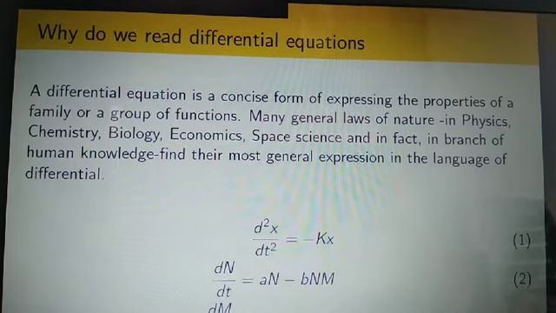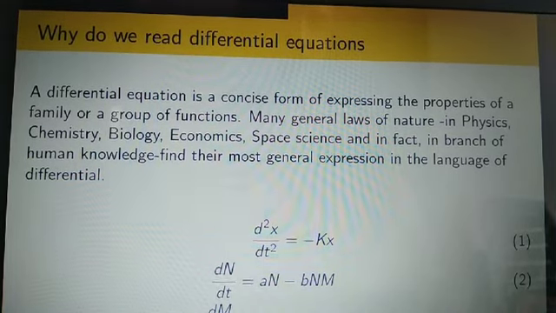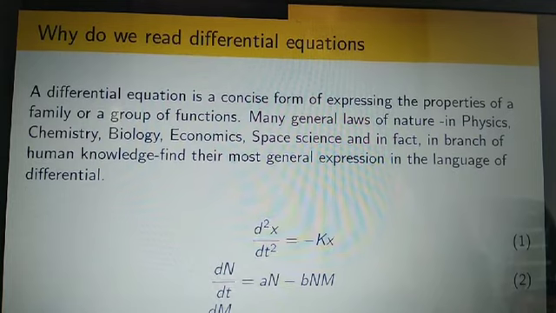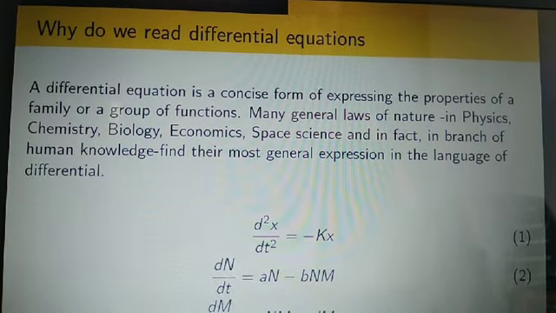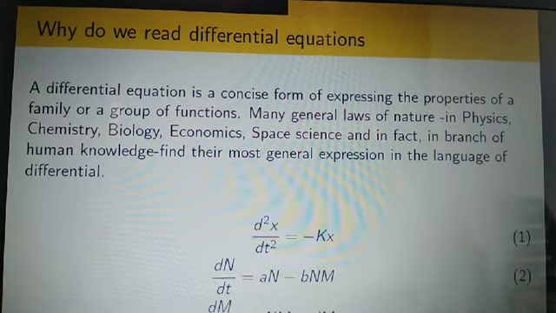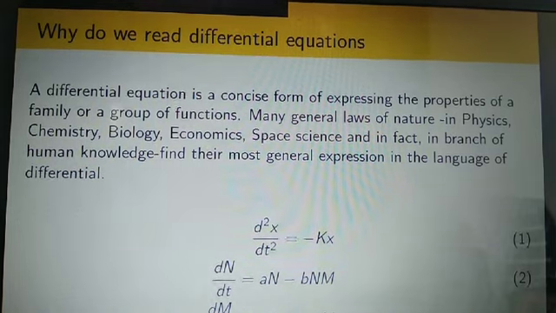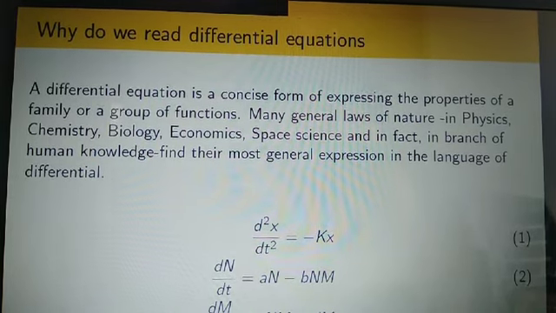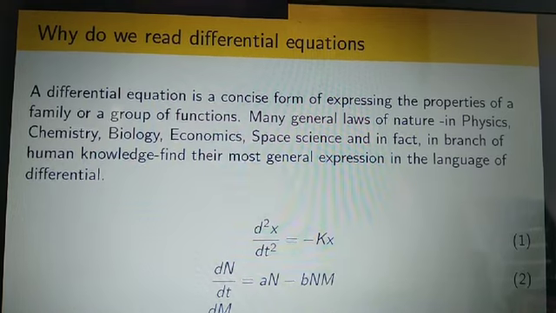Next one is dN/dt equals aN minus bNM, and dM/dt equals cNM minus dM. Together these represent the nature of our population dynamics. N represents the number of prey and M the number of predators, that is, a predator-prey model.